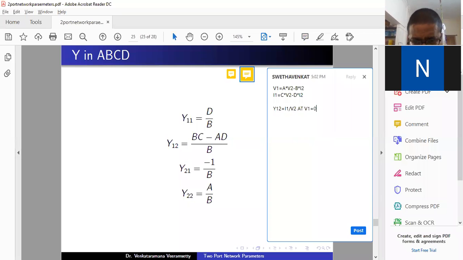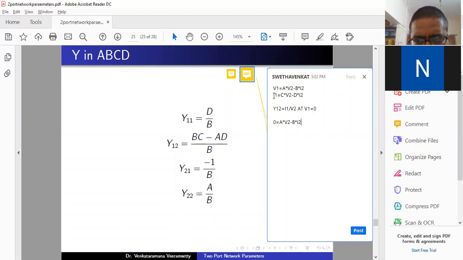Now, as V1 equal to 0, replace V1 equal to 0 here. Then the first equation becomes 0 equal to A multiplied with V2 minus B multiplied with I2, right? Now I want the I1 by V2.